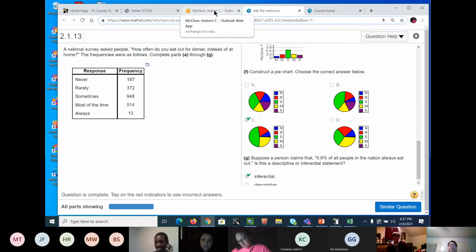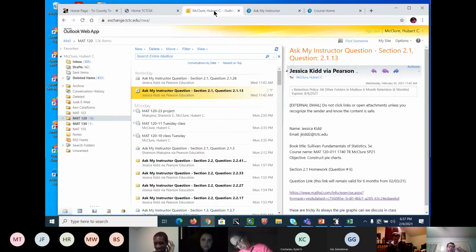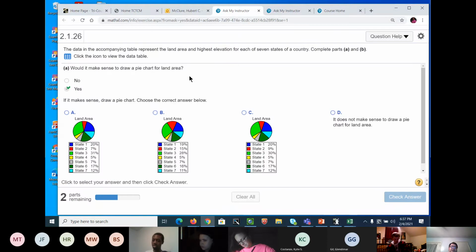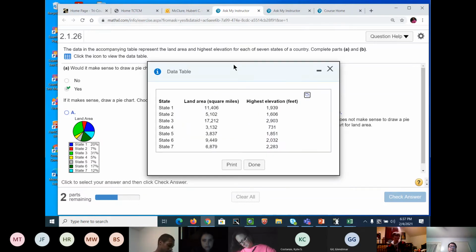All right, so let's look at 2.126.7. That pie chart is, anytime you're doing pie charts, it is a test question. Here's the data. Would it make sense? Oh, so let's do this one.